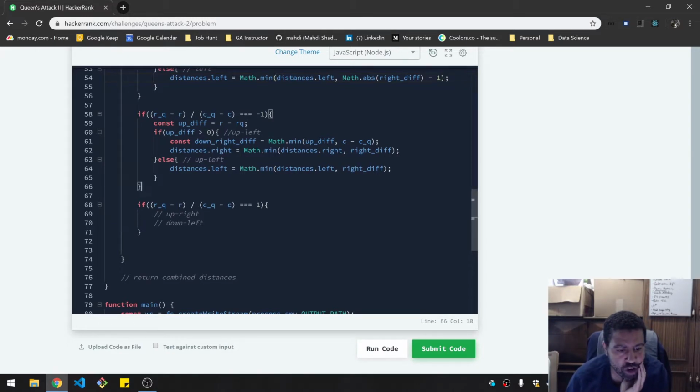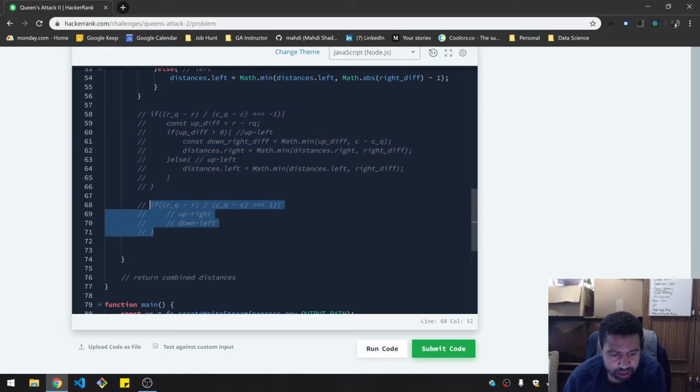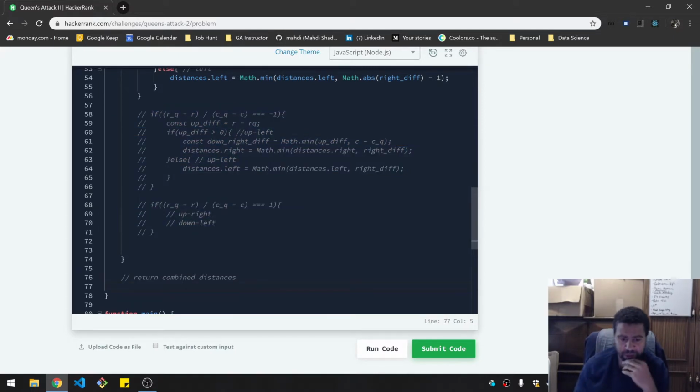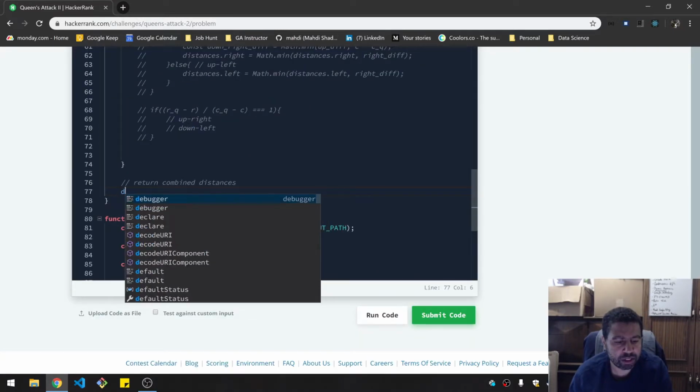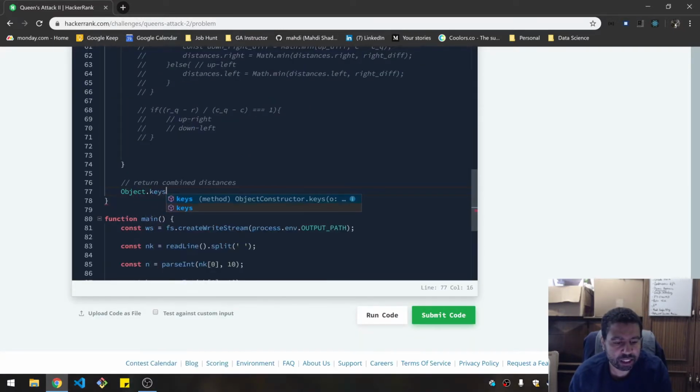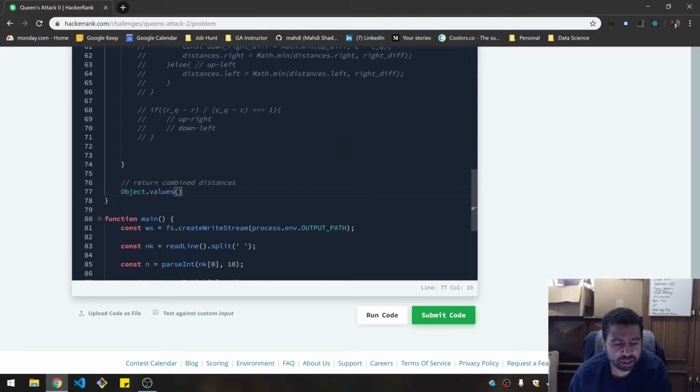Let me comment this stuff out real quick. I just want to see the combined distances work out a little bit right now. Distances. So I can do Object.keys, or really just Object.values, distances.map, or I can just do reduce.